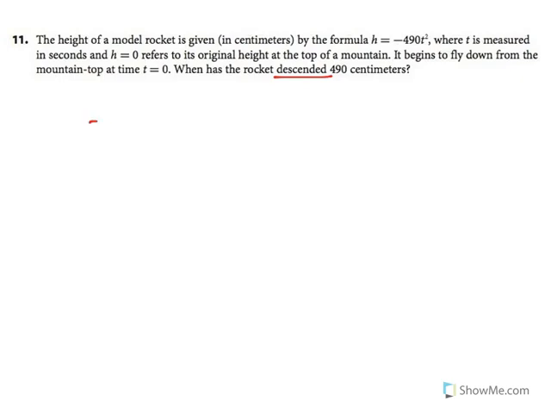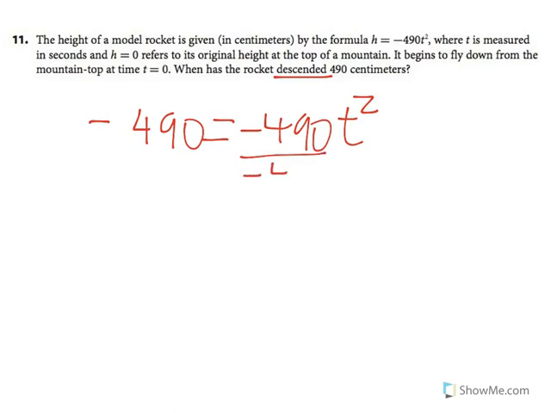So we have a negative 490 equal to negative 490t squared. To solve it, we divide both sides by negative 490. So here is 1 equal to t squared. So here you can solve it by taking the square root of both sides.